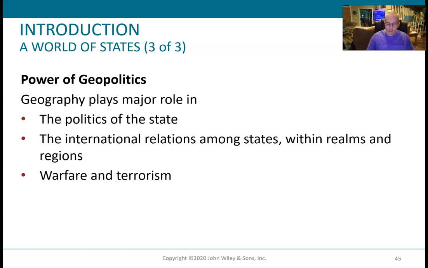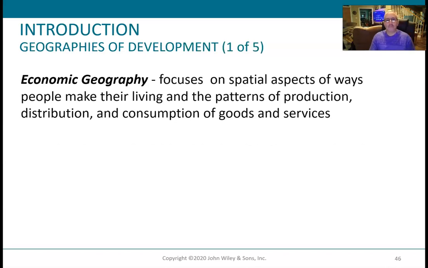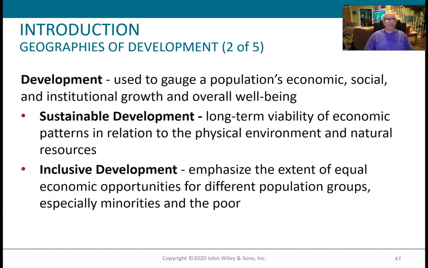All that falls under the geopolitics model. Economic geography is pretty much how it sounds. These geographers are going to focus on the spatial aspects of the way societies live as far as their economics, how their work, production, consumption of goods.